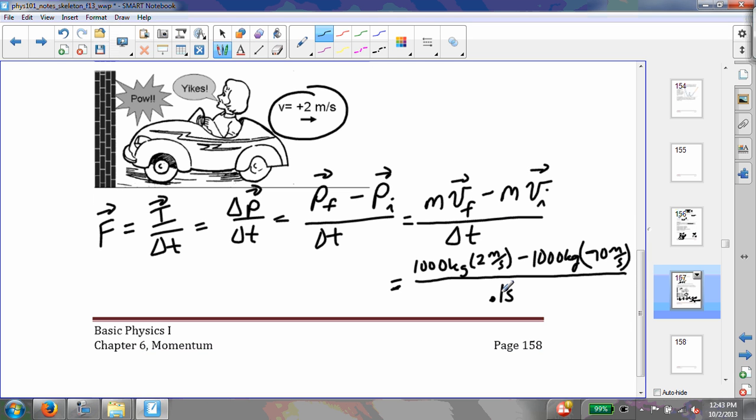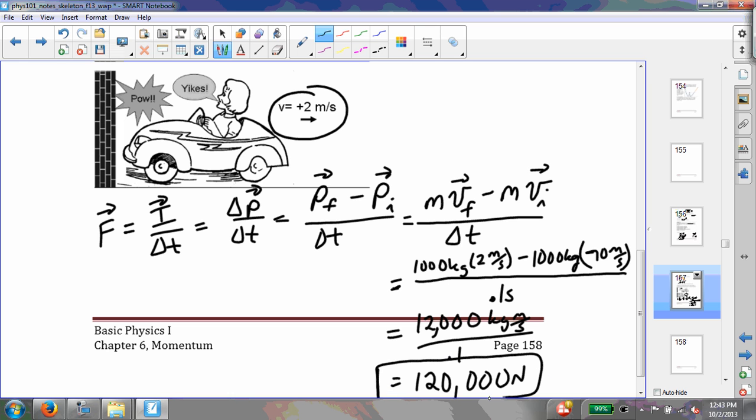If I solve that, in the numerator I get 12,000 as my change in momentum, in kilogram meters per second, over 0.1, which gives us a force of 120,000 newtons.